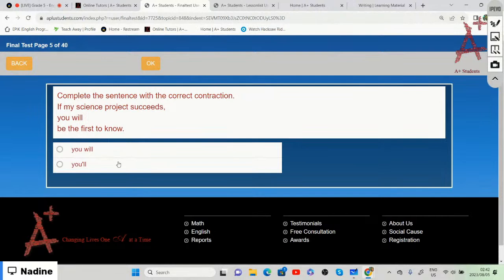So the words you will, we need to find the contraction of those two words. All right, so if we say you'll, we mean you will, right?